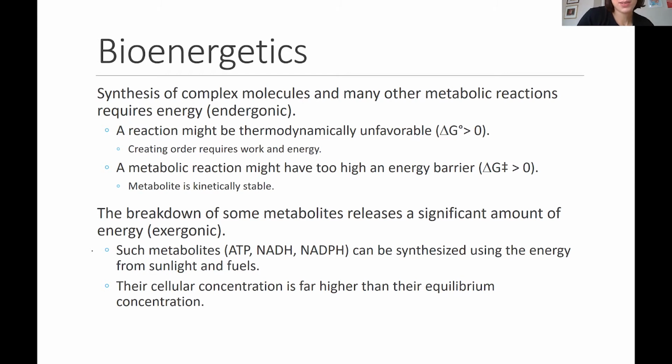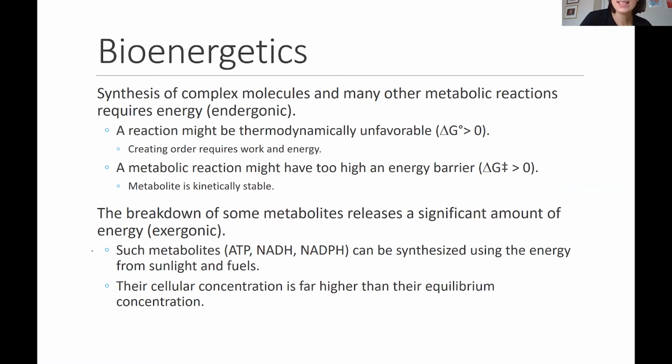The breakdown of some metabolites releases a significant amount of energy. So some of these reactions are exergonic. They happen without an input of work, and they in fact release energy instead of taking energy.